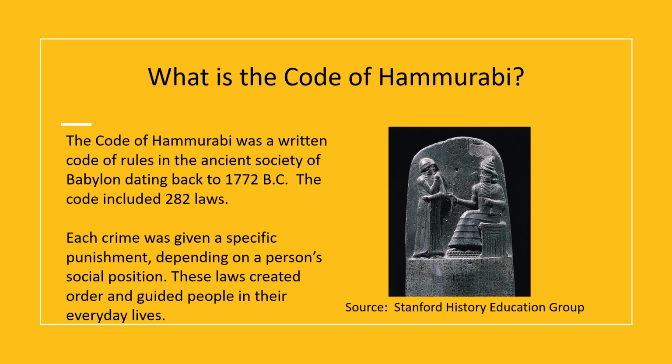And so that might play a role in their decision whether or not they're going to violate that particular rule. And so consequently, we see this notion of crime and punishment at play in the Code of Hammurabi, because people not only knew what the rules were, but they also knew what the punishments were.